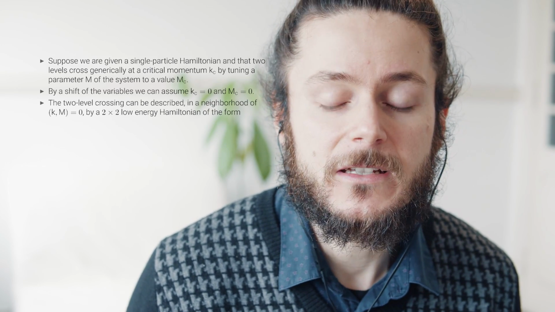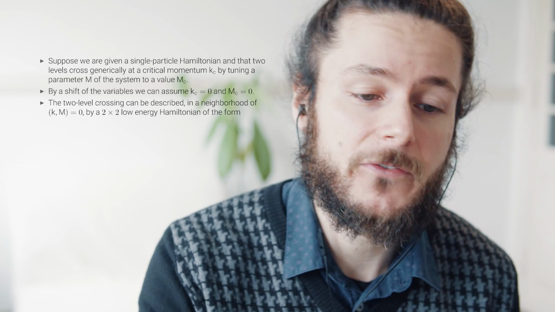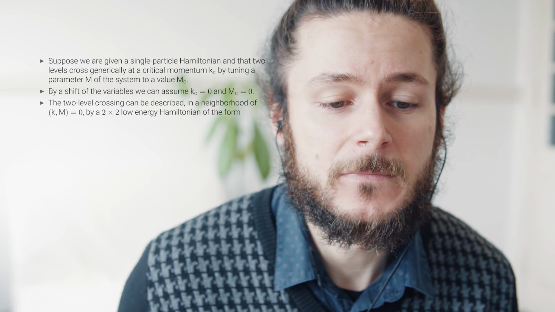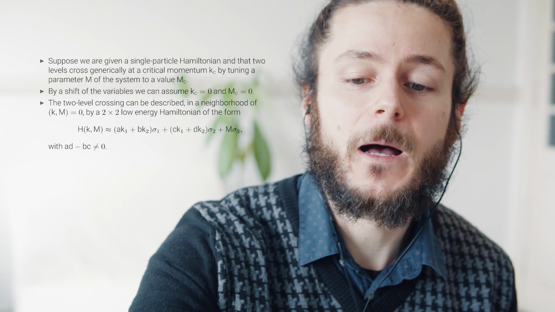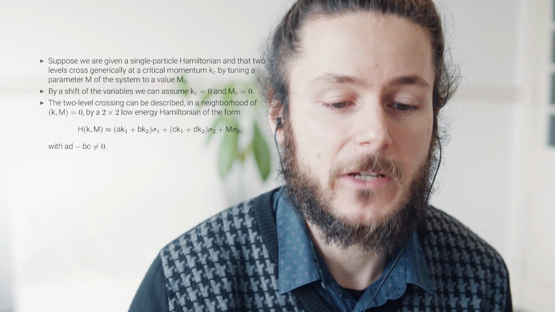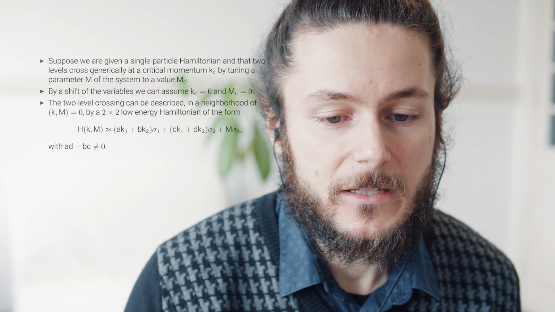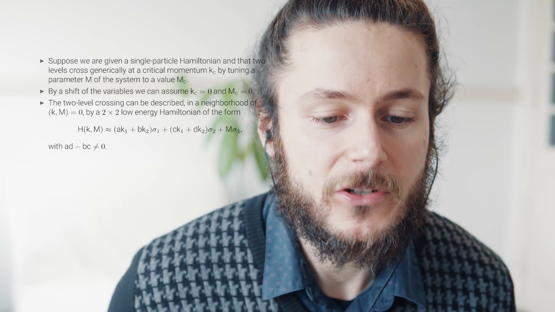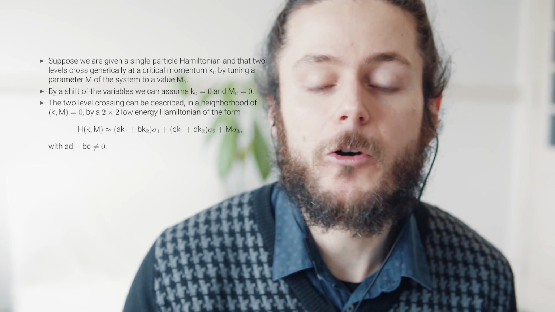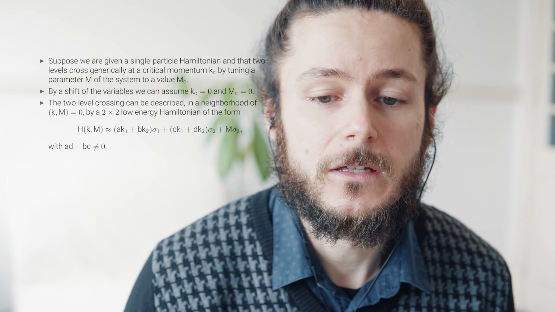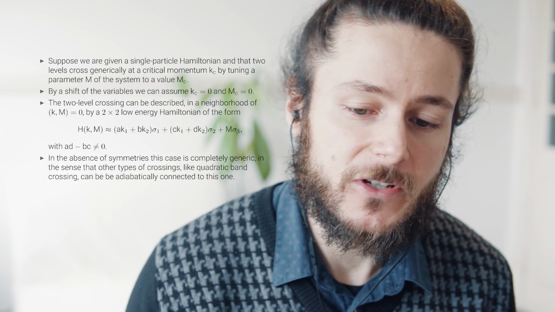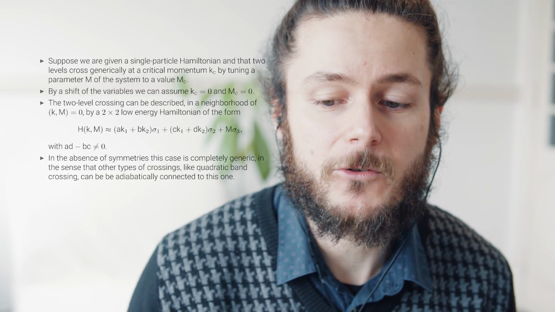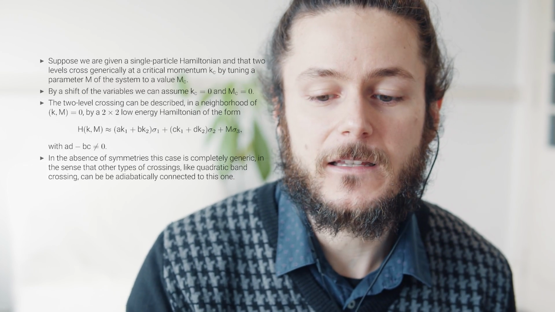The two-level crossing can be then described in a neighborhood of k, m equals to 0 by a 2x2 low-energy Hamiltonian of the form linear combination of Pauli matrices sigma 1, sigma 2, and sigma 3. Essentially, the coefficients a, b, and c have to satisfy this relation in order for some Jacobian matrix to be non-singular. In the absence of symmetries, this case is completely generic in the sense that other types of crossings, like quadratic band crossing, can be adiabatically connected to this one.